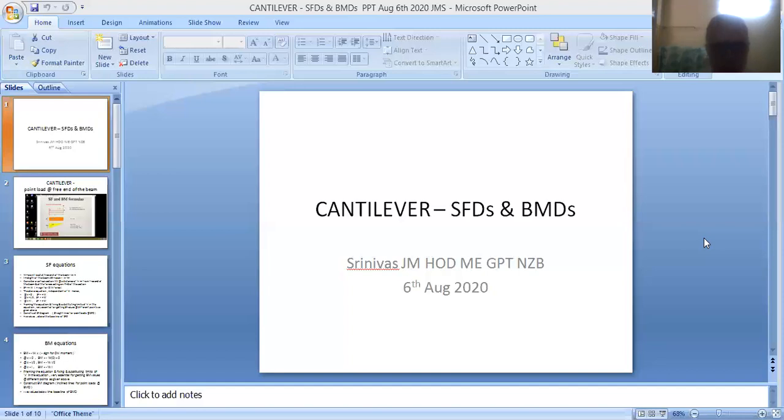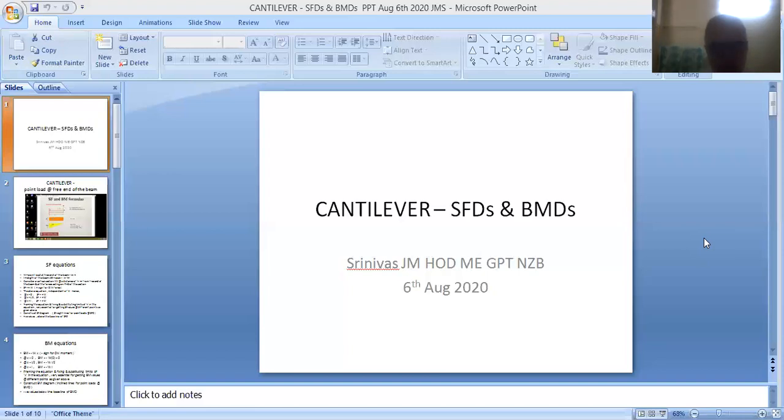And secondly, notations are very important. Capital W is used for indicating point loads acting on any beam.